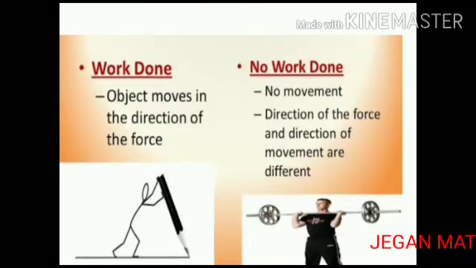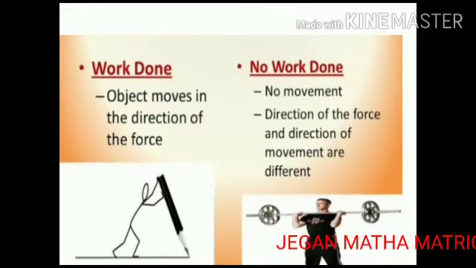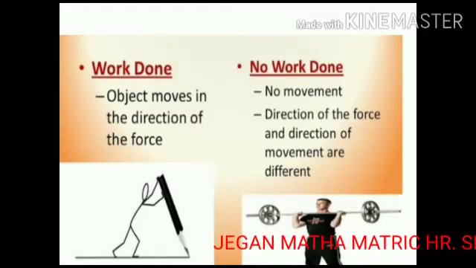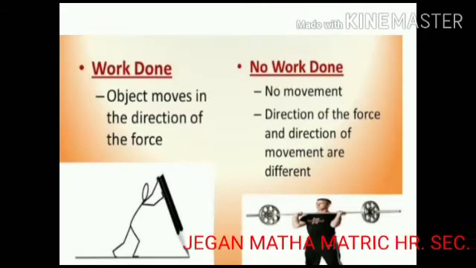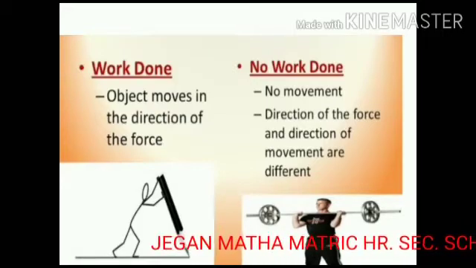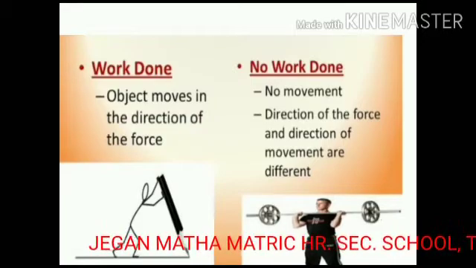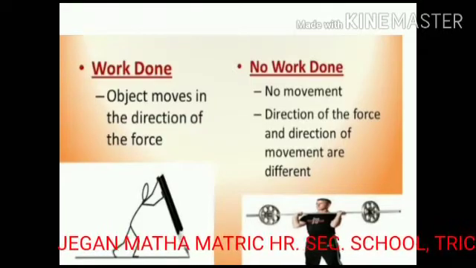Two main conditions are needed for work to be done or not. For work done, the first point, a force should act on an object. The second point, the object should move from one place to another place.